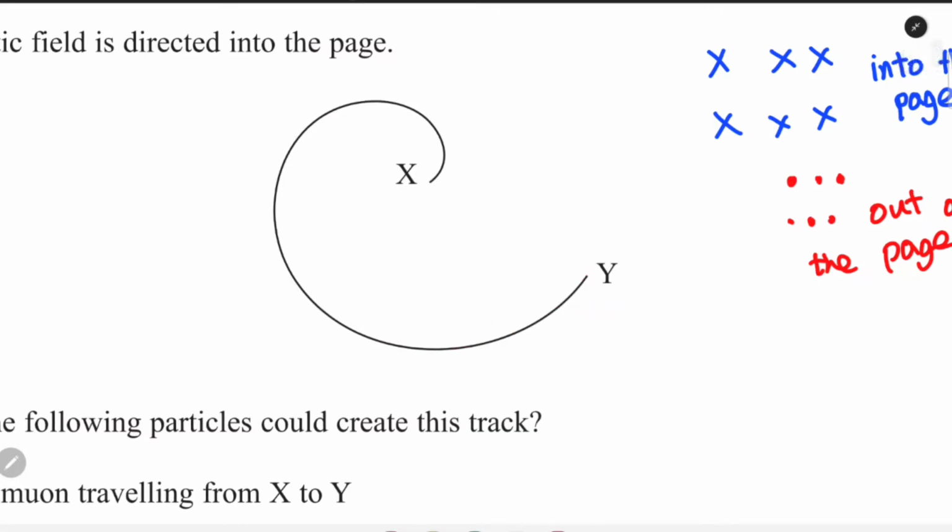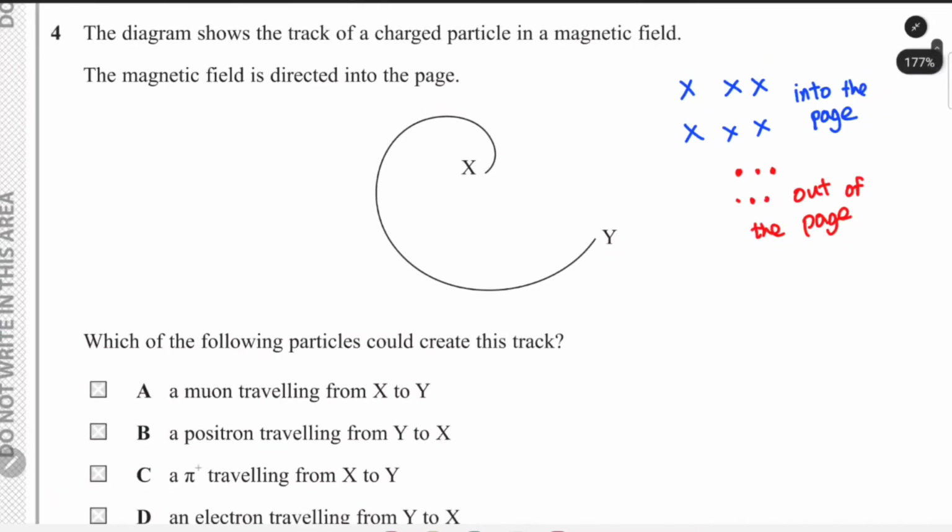As it keeps on moving, it loses its radius of curvature, and the radius of curvature decreases as the particle moves.